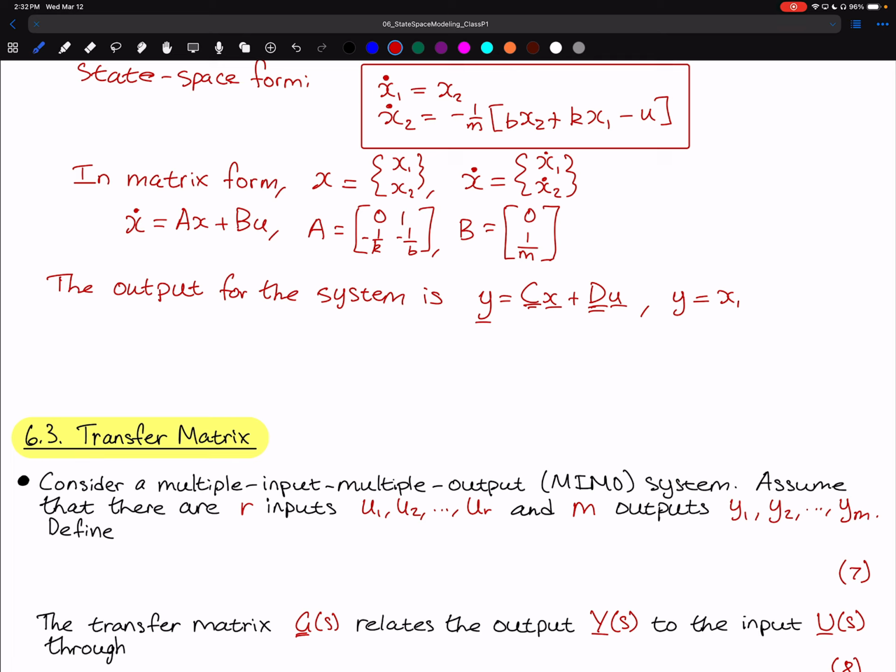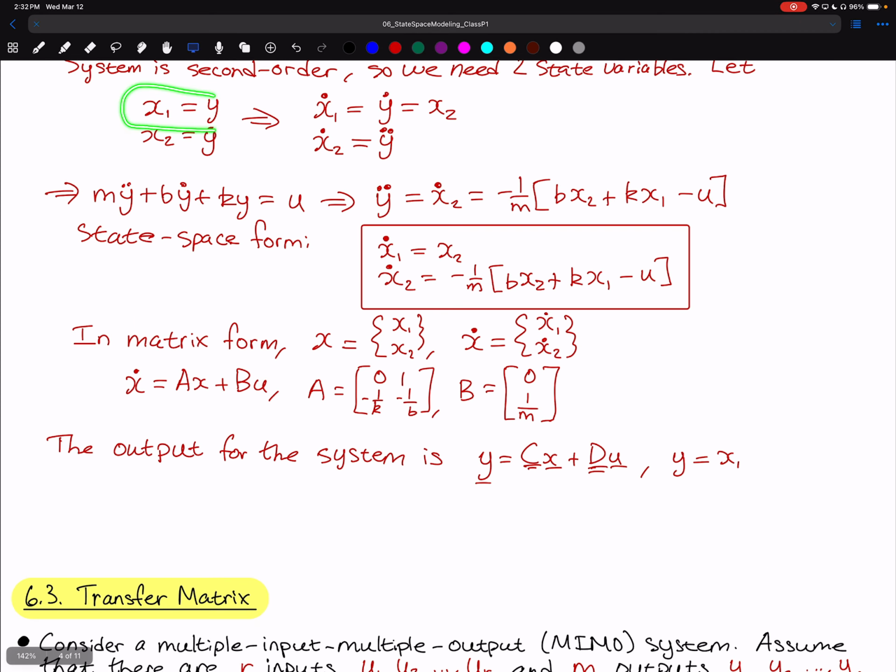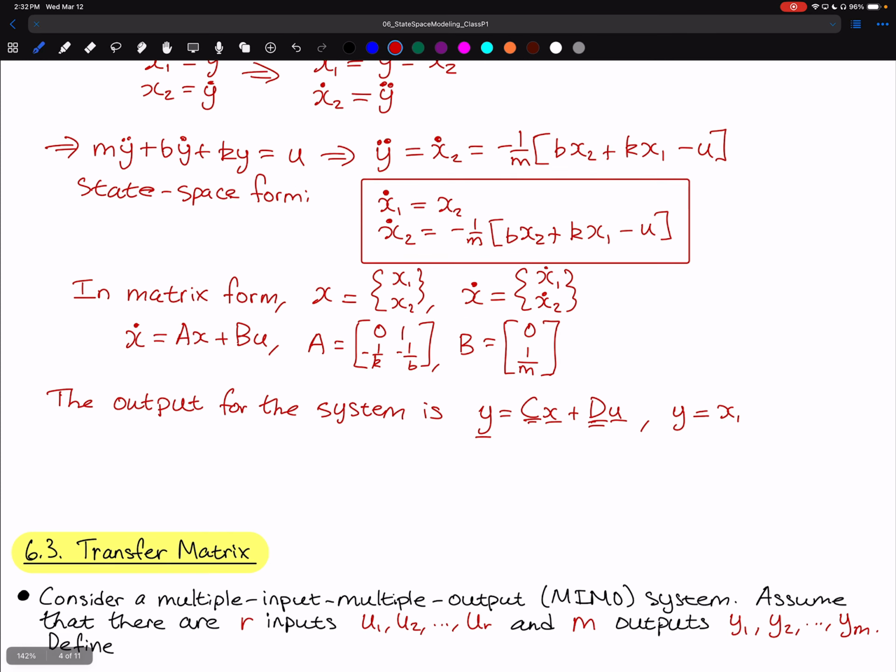So that's this displacement state variable, and that really just comes from right here. So our output is just the displacement y, which is equal to the first state variable.